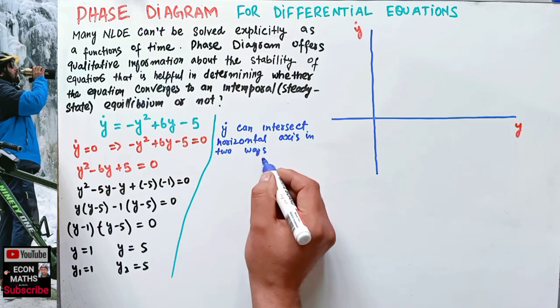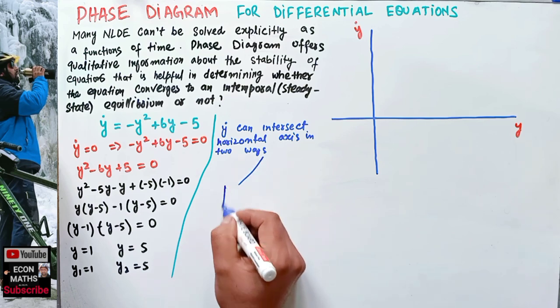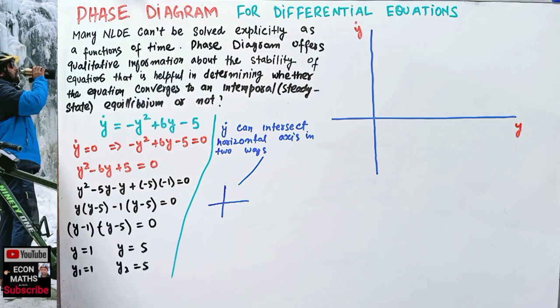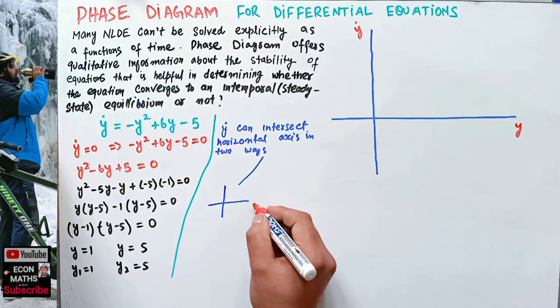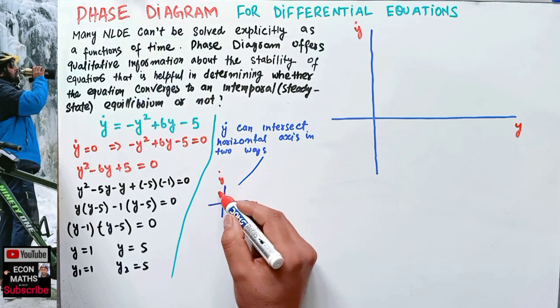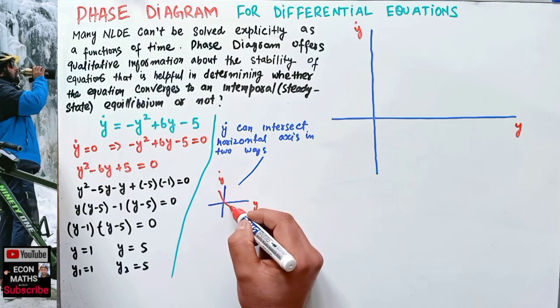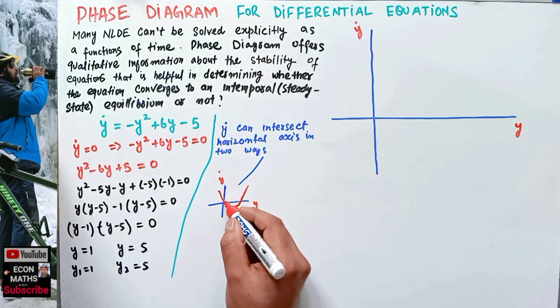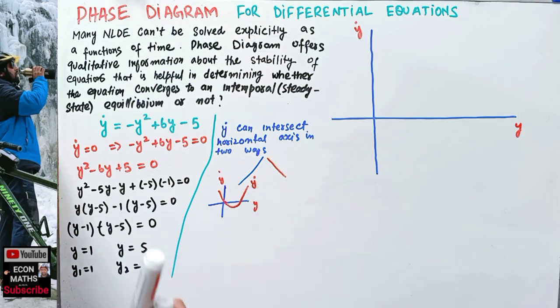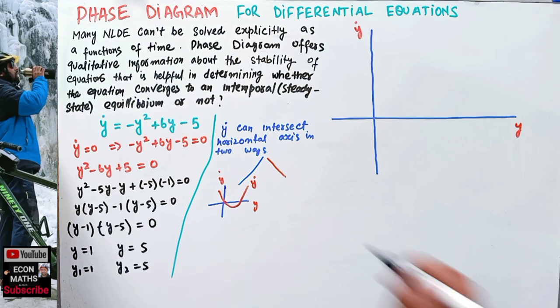If we have this graph, with y on the horizontal axis and y dot on the vertical, y dot can intersect the horizontal axis on this side in this fashion, or it can intersect in this fashion.